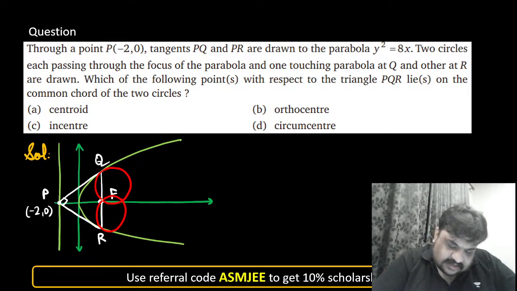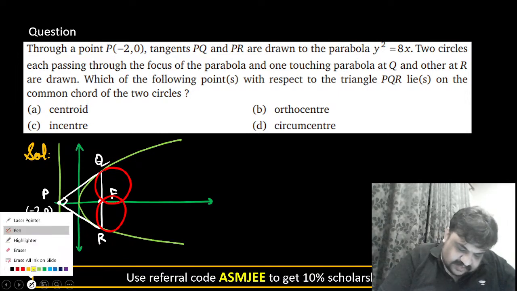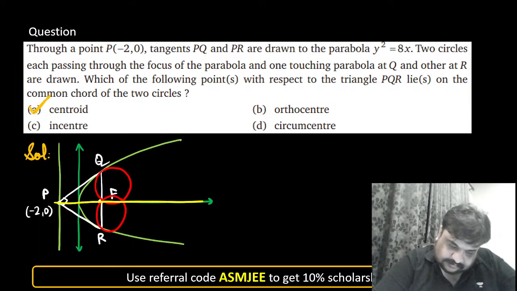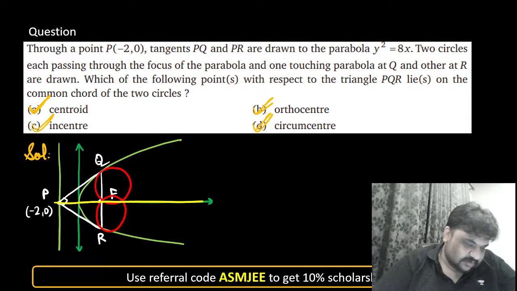Of course, this is the common chord only. This is a very easy question. This is the common chord only. So of course, centroid will lie on this. Orthocenter will lie on this. This is an isosceles triangle. Incenter, all four of them.